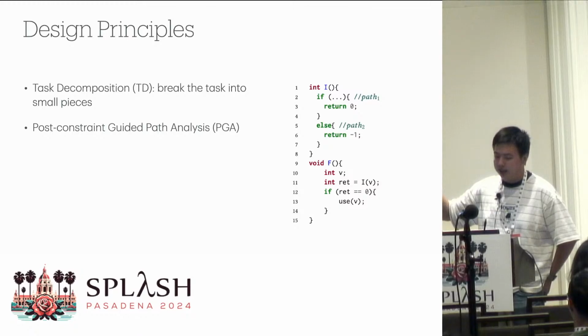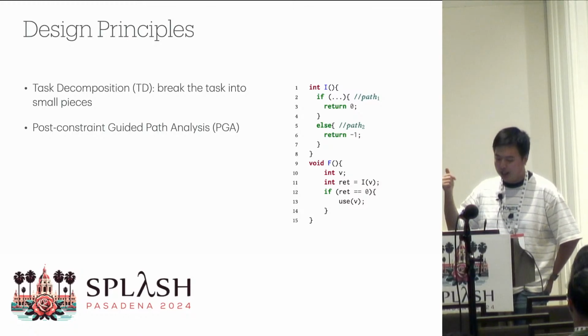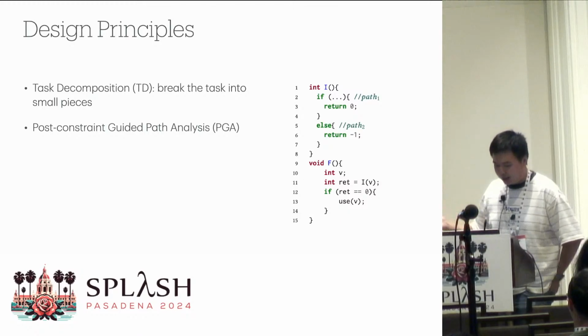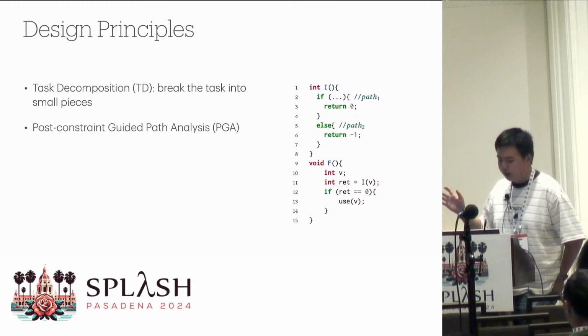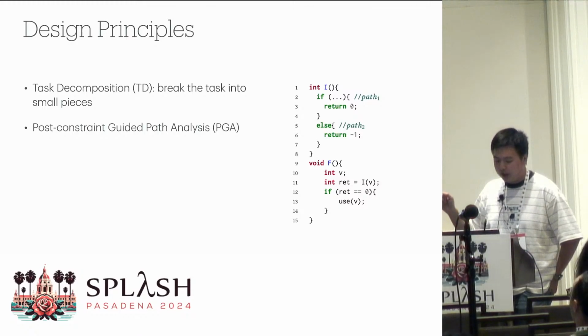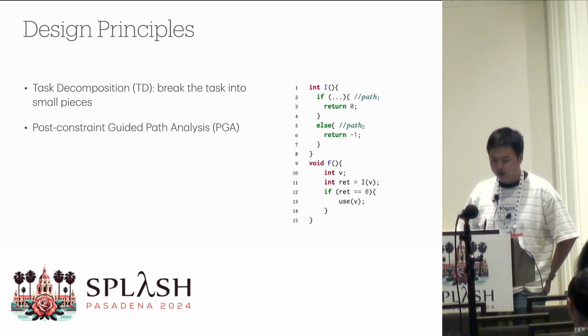We call this check a post-constraint because it actually happens after the initializer. So we notice that we can take this post-constraint into the analysis of our initializer from line 2 to 7. Basically, the return value must be 0, because otherwise there's no use, and no UBI happens.